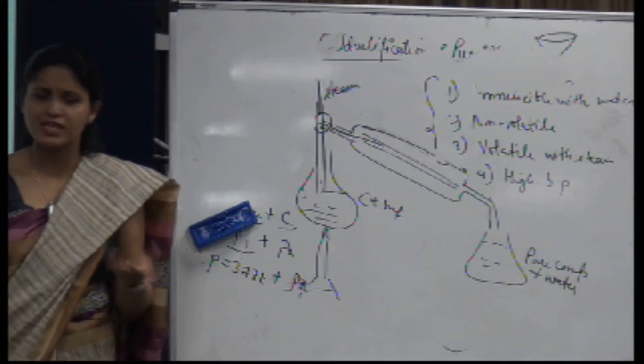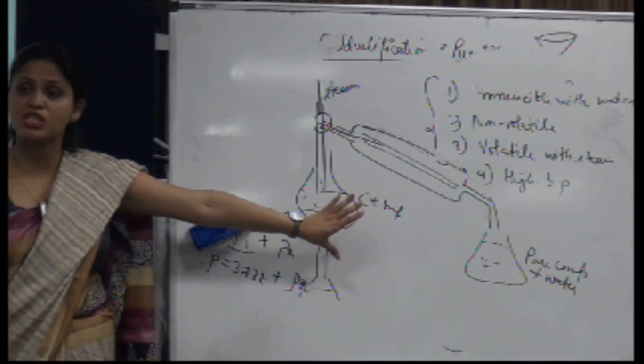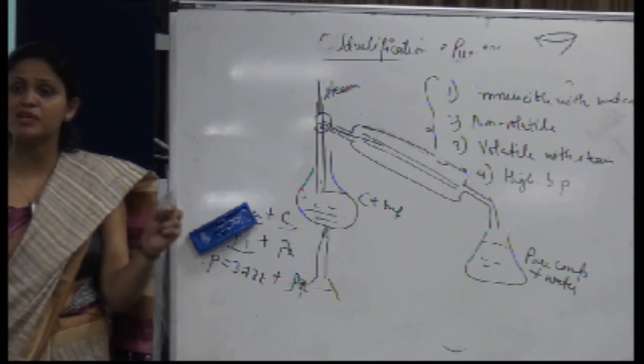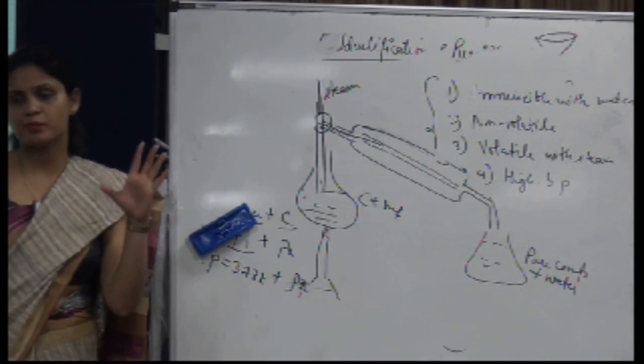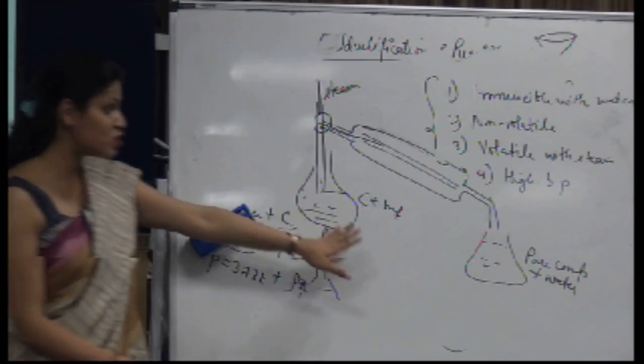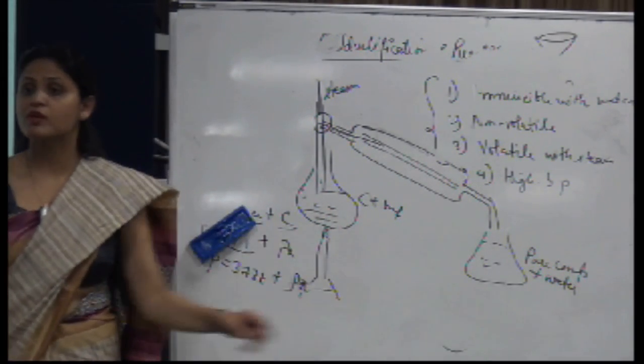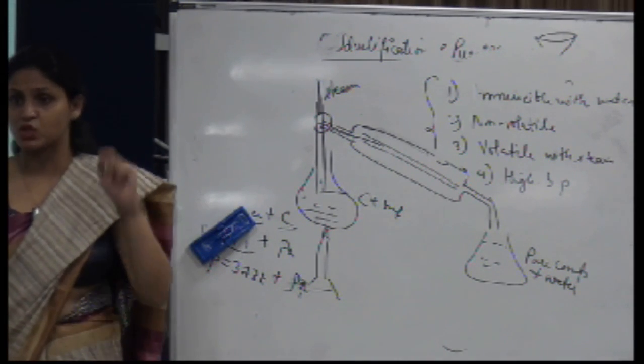For some constraints, I'm not able to provide that much heat to that compound. So in that case, I'll introduce some steam into it, and instead of providing the temperature at which it actually boils, I'll be able to separate out the compound without reaching that exact temperature. And how is it possible?